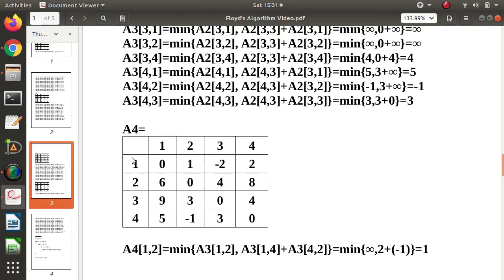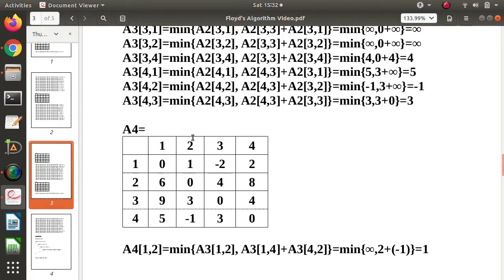For example, see, the shortest path to reach 1 from 1 is 0, the shortest path to reach 2 from 1 is 1, the shortest path to reach 3 from 1 is minus 2, the shortest path to reach 4 from 1 is 2. For example, the shortest path to reach 1 from 3 is 9, the shortest path to reach 2 from 3 is 3.